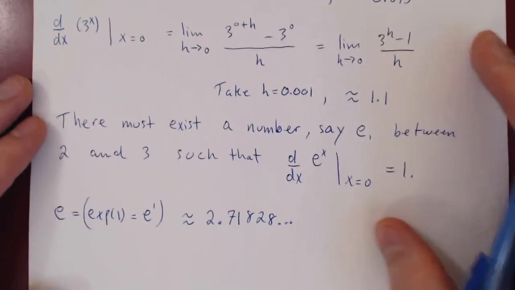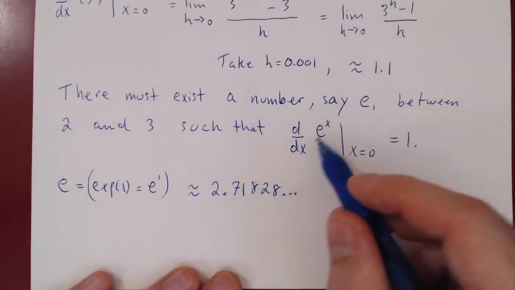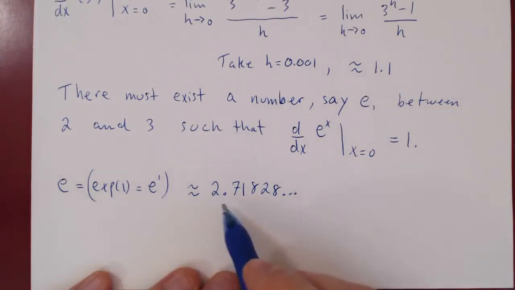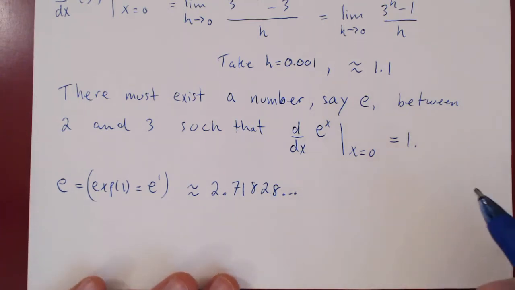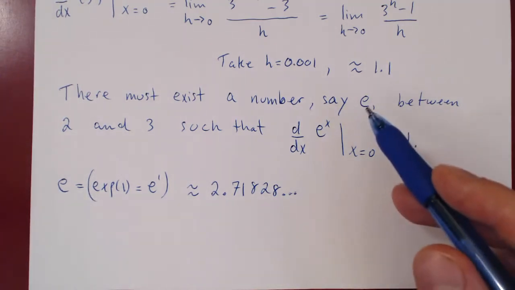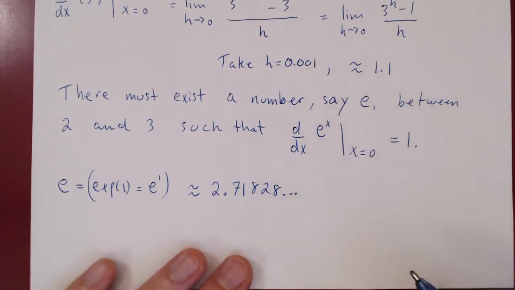And now the question is, we have that the derivative of e to the x with this choice of e, 2.71828, is exactly equal to 1. Well, what about the derivative of this function at other values of x?